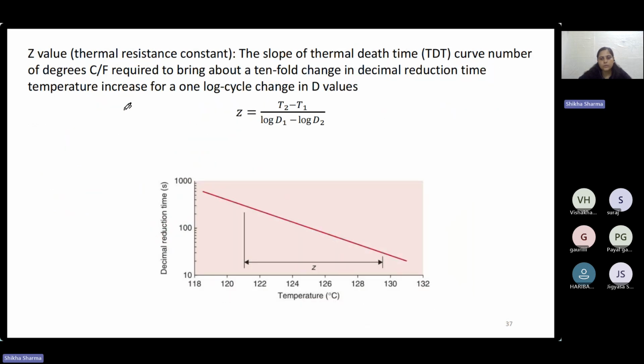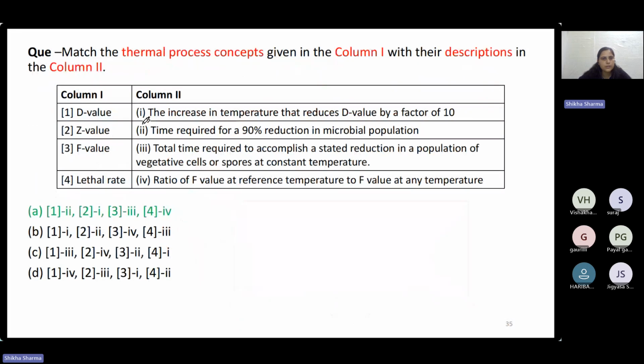This is the D value. So D value, from here we can see, is the time required for 90% reduction in the microbial population.